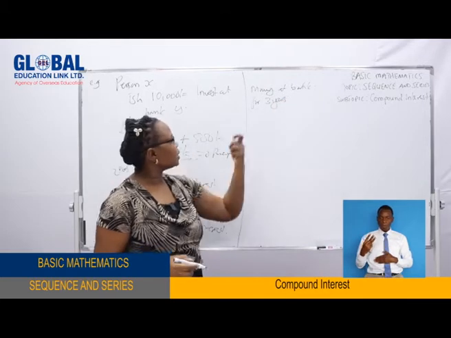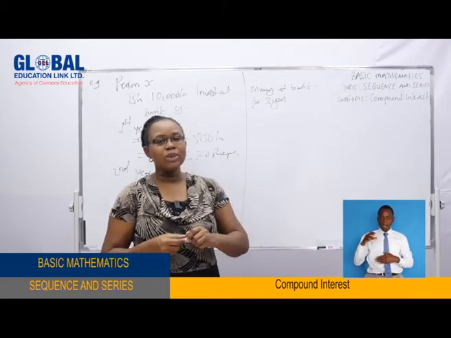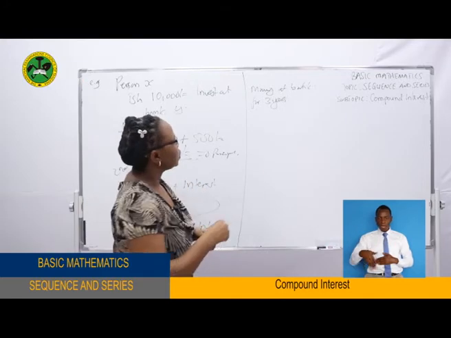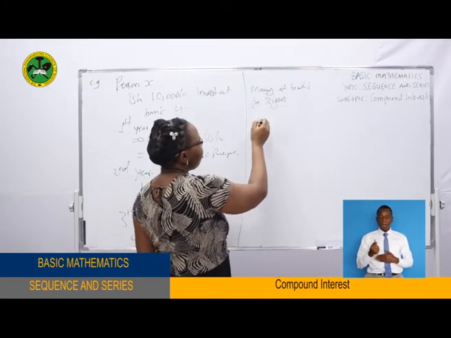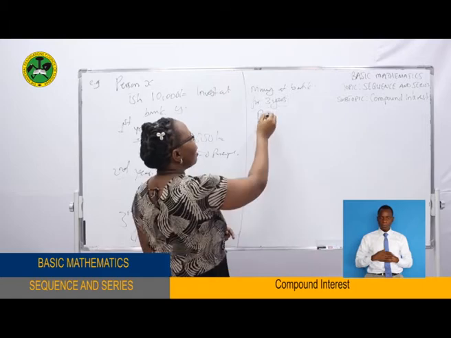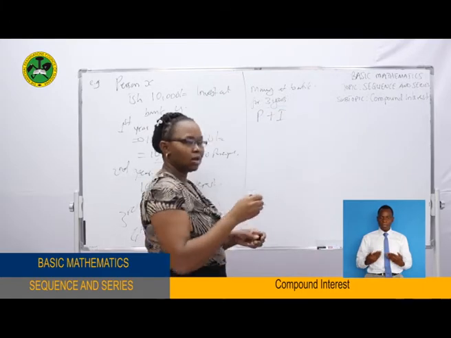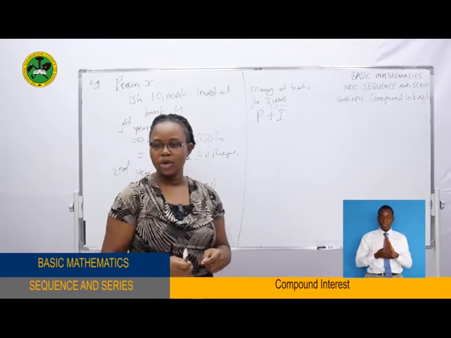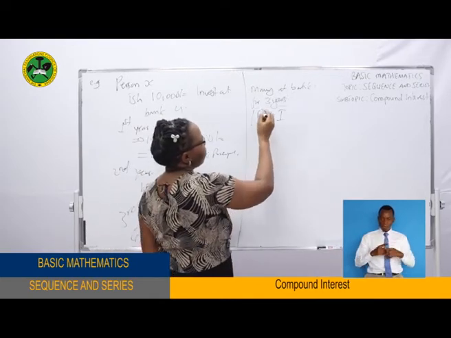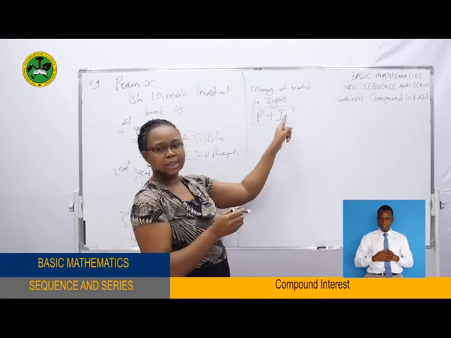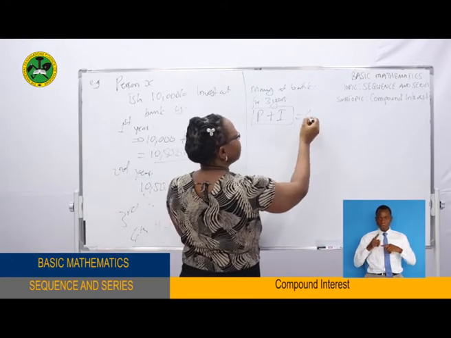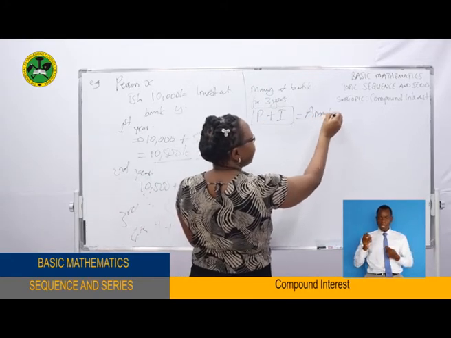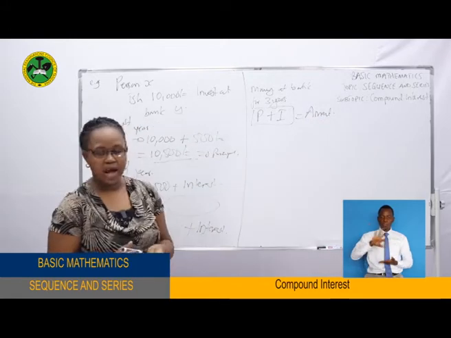After 3 years, you want to withdraw your money. So after 3 years, you withdraw your money, which is the principal plus the interest you will earn after these 3 years. So this principal plus interest will be equal to the total amount of money someone will have.